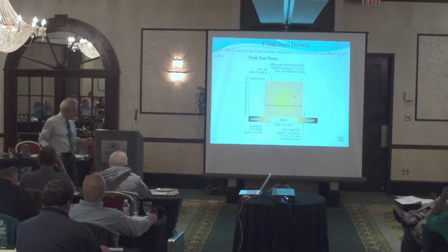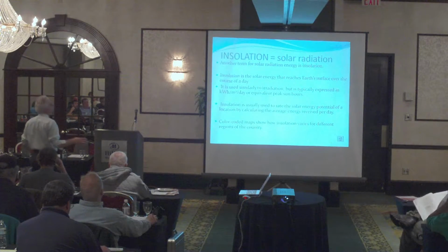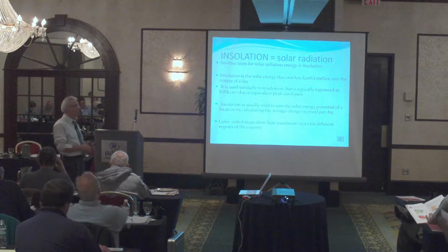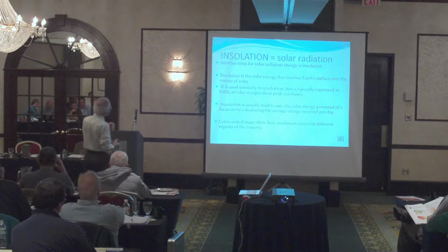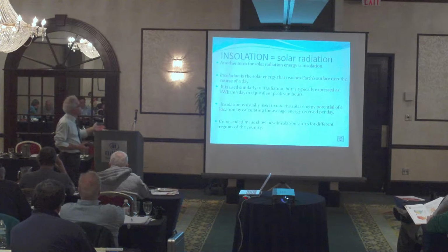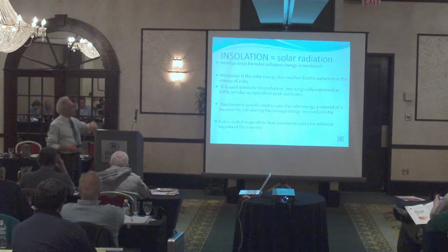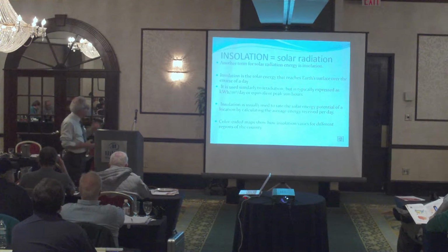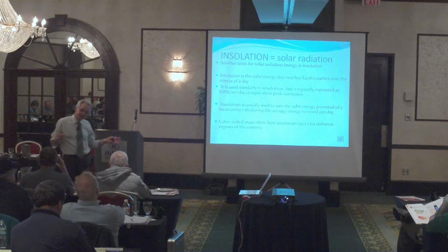Now, we said what peak sun hours is. Now, insolation. This is the word that you're going to hear most of the time. Sometimes you're going to hear solar radiation, but the name is usually insolation. Insolation is nothing more than solar radiation. It's just another term they use. As a matter of fact, most of the time manufacturers utilize this word, insolation. It is the energy that reaches the Earth's surface over the course of the day.